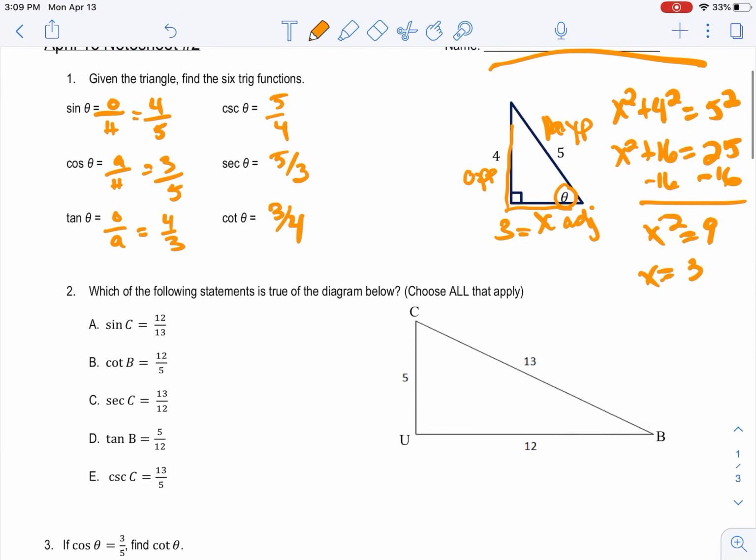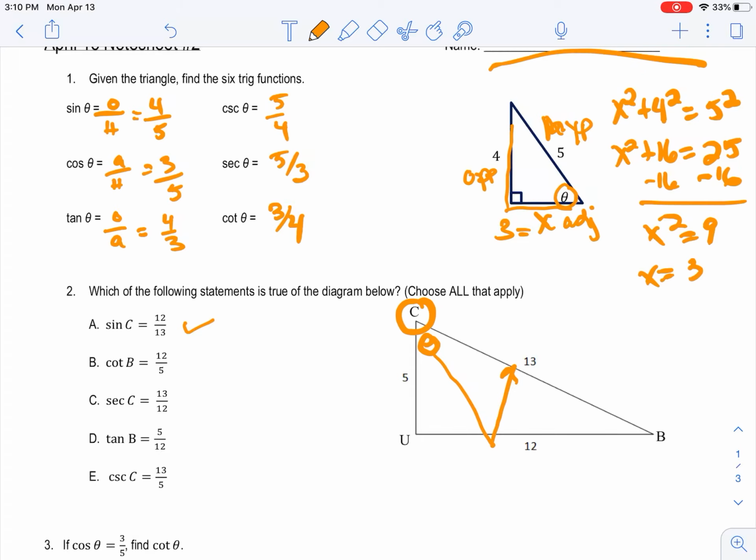Okay. This next one. Which of the following statements is true about this triangle? Choose all that apply. So if I was thinking of angle C as my theta, then letter A says sine, so opposite over hypotenuse, that would be true.